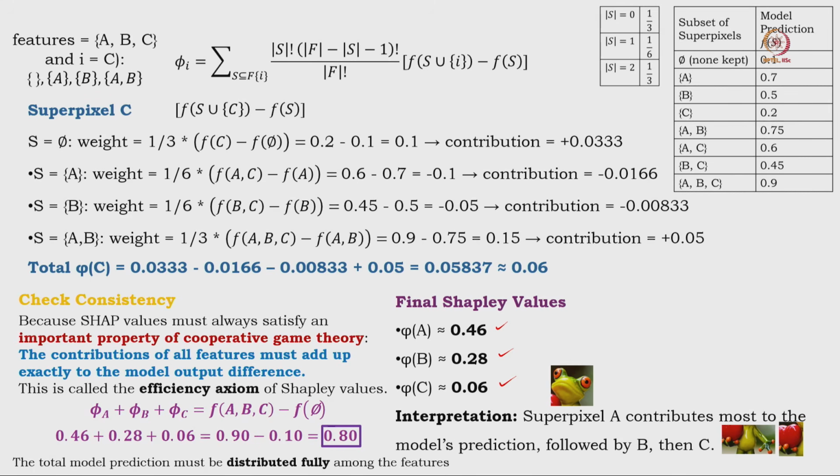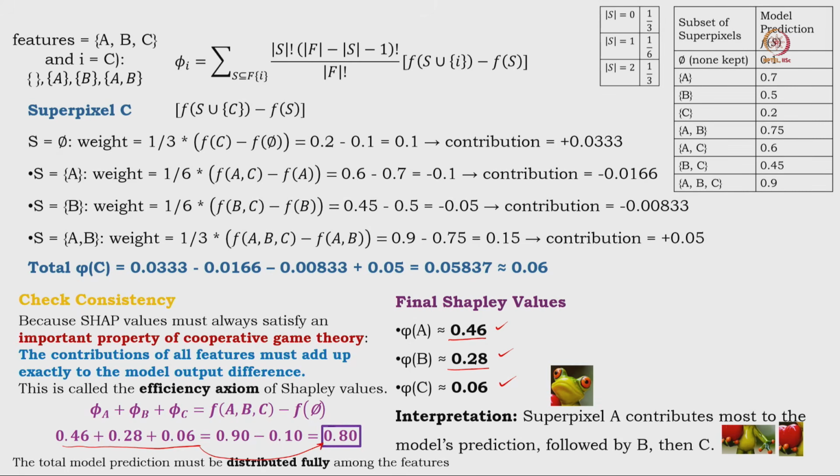It has given 0.46 weightage for superpixel A, 0.28 for superpixel B, 0.06 for superpixel C. So, when you add up all of these, you will again get this 0.80.